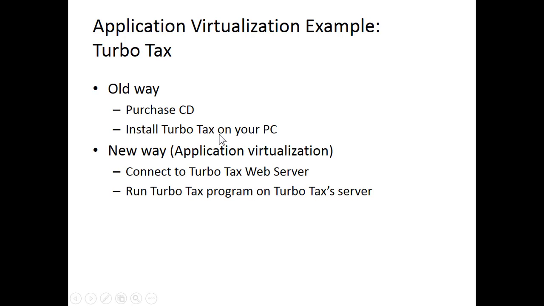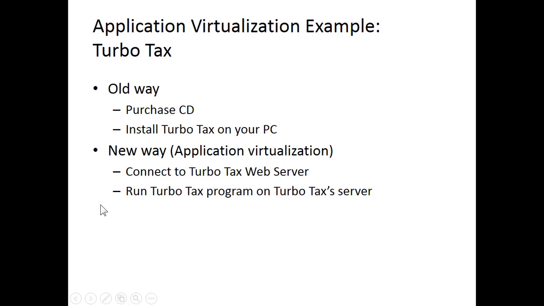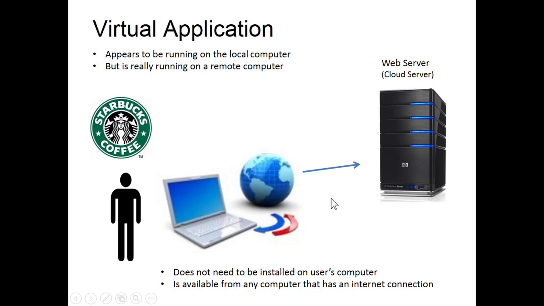So you really couldn't easily start your taxes at work and then immediately do your taxes at home unless you took TurboTax home and installed it there as well. But the new way is not to install it, but to do it online using a virtual application. The new way is to connect to the TurboTax web server and to run the TurboTax program on TurboTax's web server.